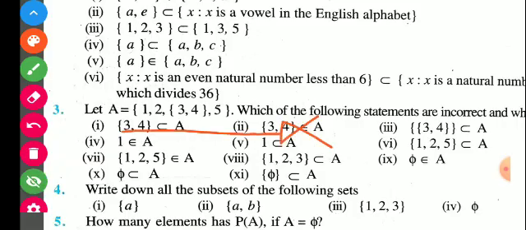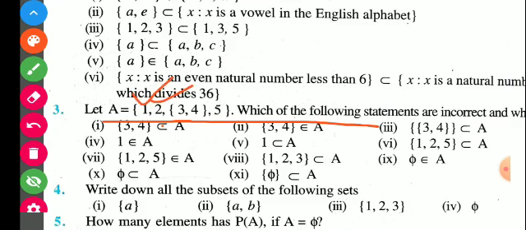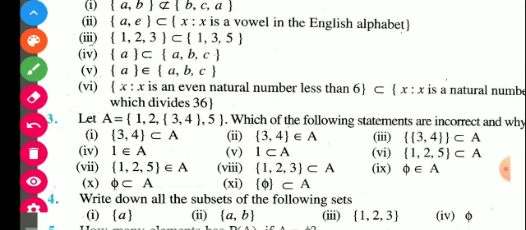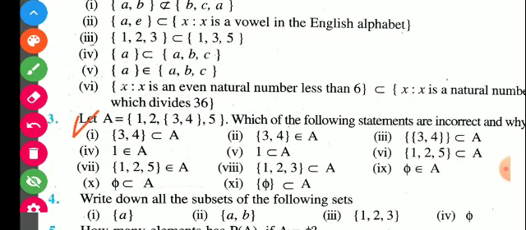Now go to 3. Number 3 tells us that one set is there whose elements are 1, 2, and one set is there with 4 and 5. Which one is incorrect? Look at this: {3, 4} is a subset of A. But {3, 4} is an element. This is wrong. Here you have to remember, this is important, that {3, 4} is an element here, so we cannot write it as a subset.